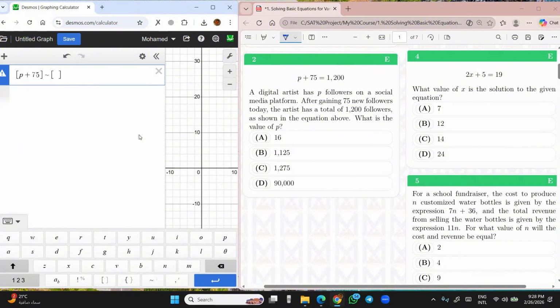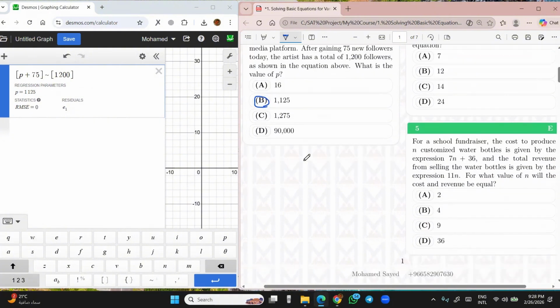Any letter other than X and Y, just write them as they are. X and Y only should be written as X1 and Y1. In the right side, we write 1,200, and because we need the value of P, as the question asks here, P is equal to 1,125, which is option B.